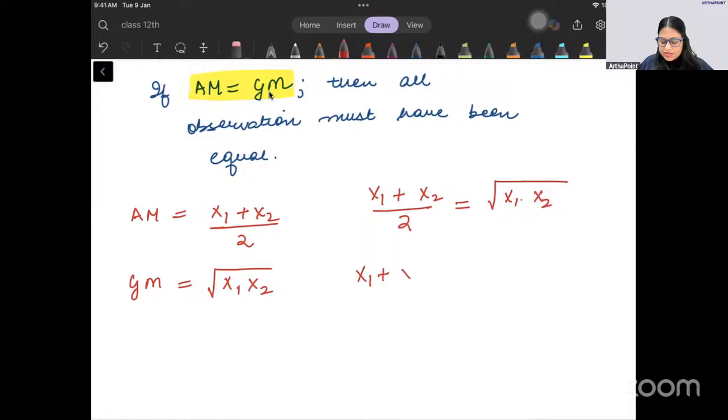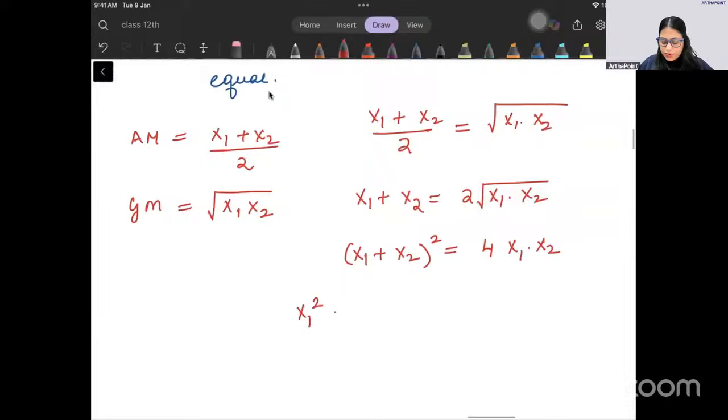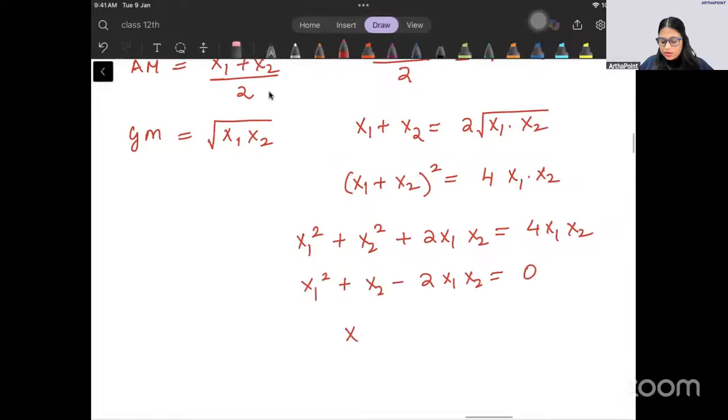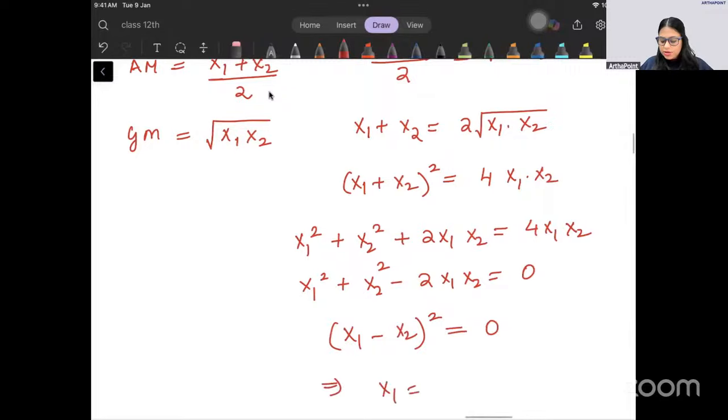So X1 plus X2 is equal to 2 X1 X2 under root. So if I square both sides, X1 plus X2 whole square is equal to 4X1 into X2. X1 square plus X2 square plus 2X1 X2 is equal to 4X1 X2. X1 square plus X2 square minus 2X1 X2 is 0. So X1 minus X2 whole square is 0. That means if I equate it to 0, X1 will be equal to X2.